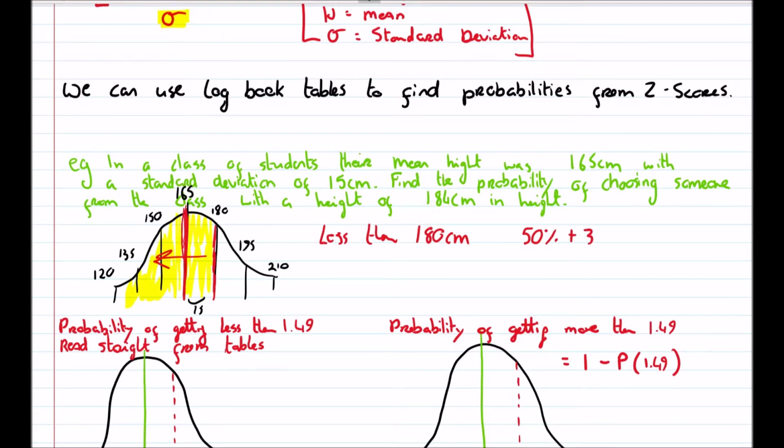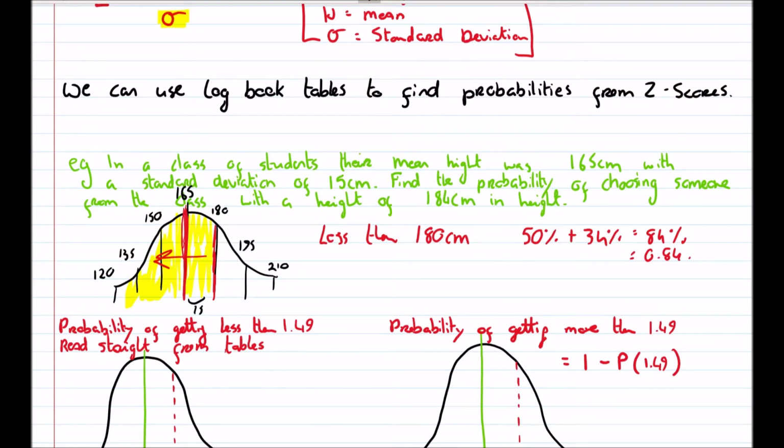So plus 34%, and if we add them together, we'll get 84%. So I have an 84% chance of getting a person in the group that's less than 180 centimeters. Okay, if we change that into a probability, it'll be 0.84. Okay, so that's how we did it with the empirical rule.